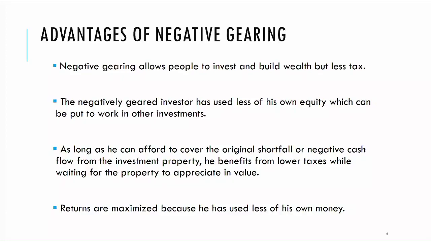You can borrow as much as you can, make a negative gearing, and reduce your tax payment and build wealth. So you have 15, 20 properties, and the value of all of them goes up. Right. So you can build your wealth.